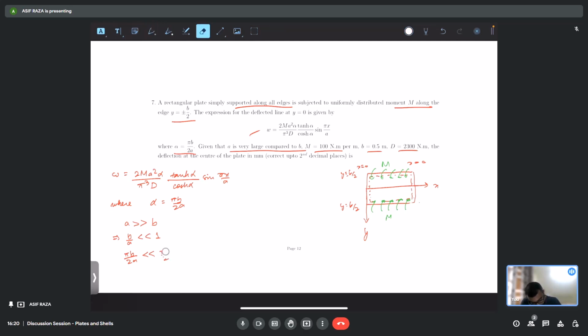You can say it as 1 also, that's fine. So alpha is much less than 1, almost tending to 0, and if that is the case, then I can write sin h alpha as tending to alpha, cos h alpha is equal to 1, and tan h alpha as tending to alpha, as alpha tends to 0.